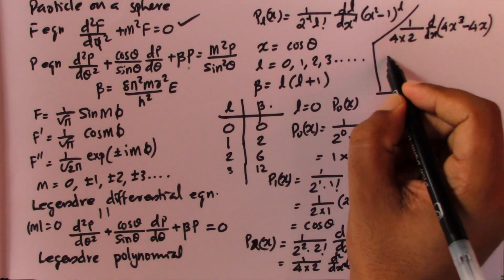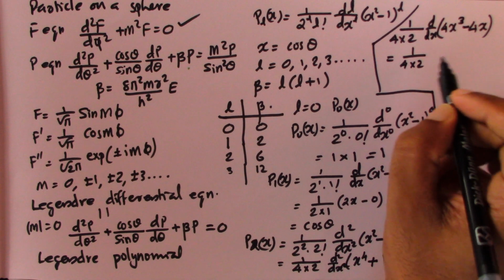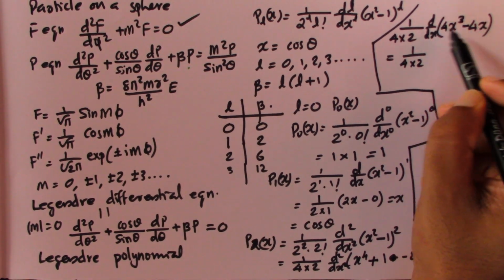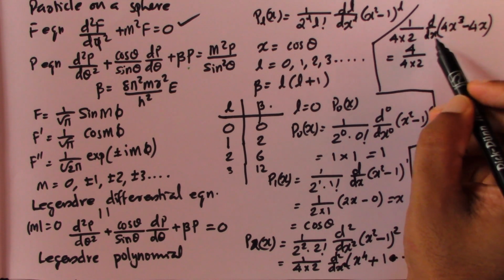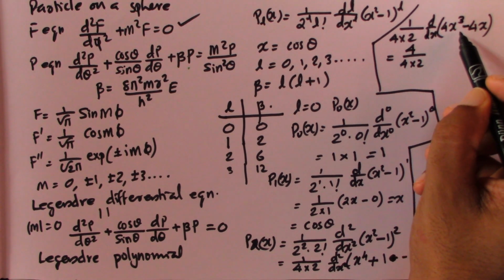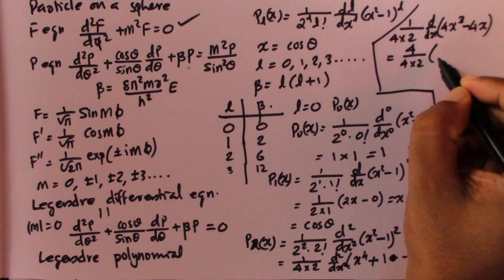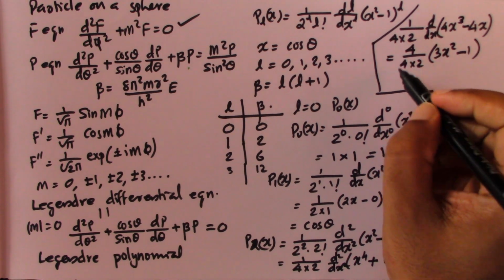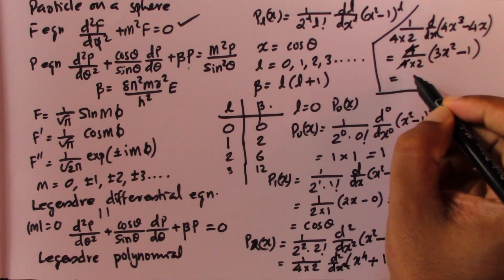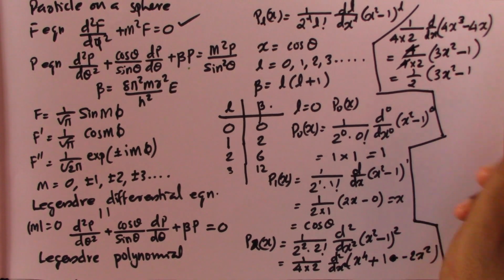And that is equal to 1 divided by 4 into 2, and there is a 4 as a common factor here. So let me put 4 here, 4 into d by dx of (x cube minus x), that is 3x square minus 1. The 4 and 4 are cancelled, that is equal to 1 divided by 2 into (3x square minus 1).